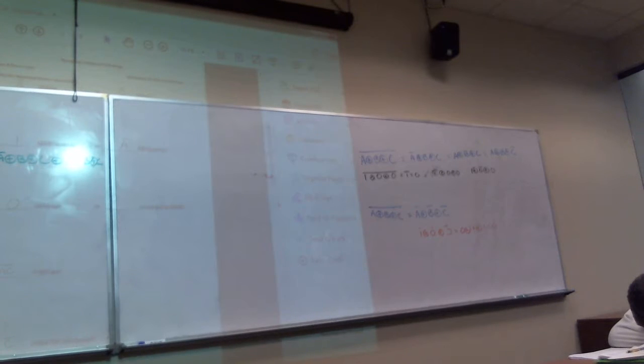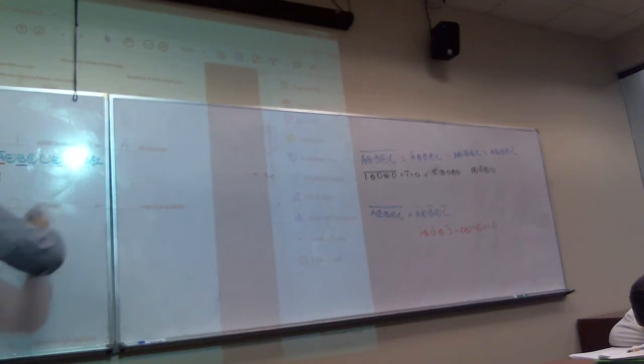Now I can start putting relevant terms together. A not XOR A. It's just 1. They're always opposite. Those two are going to produce a 1.